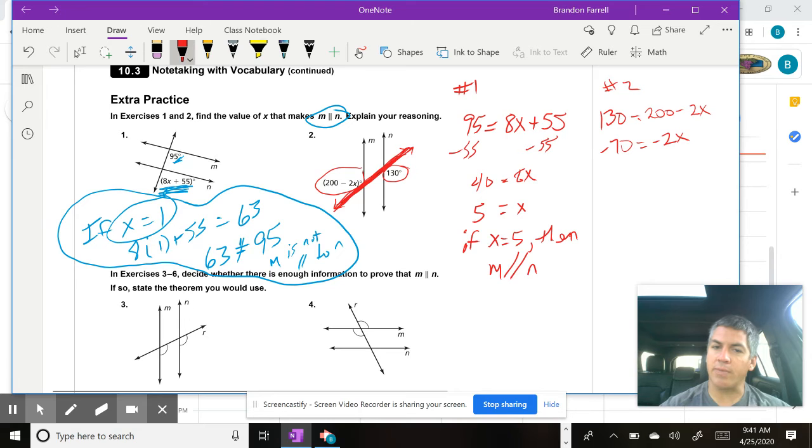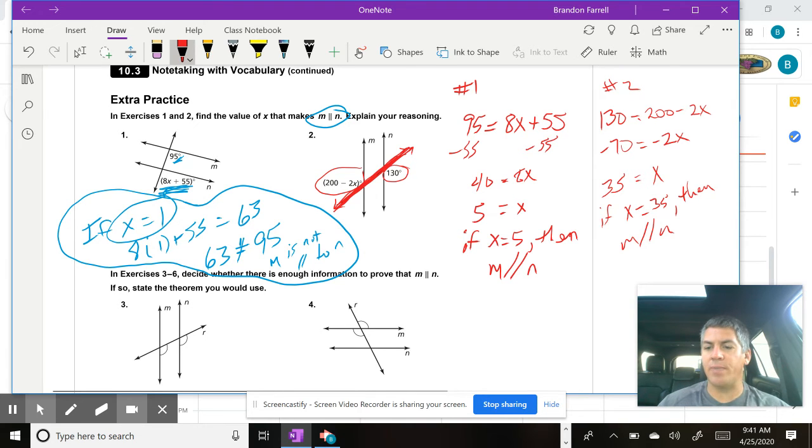We don't want it to make a negative angle. That doesn't make sense. But then X is going to equal positive 35. So you can make a statement that says if X is equal to 35, then M is parallel to N. Okay? So that's how you do number 1 and number 2.